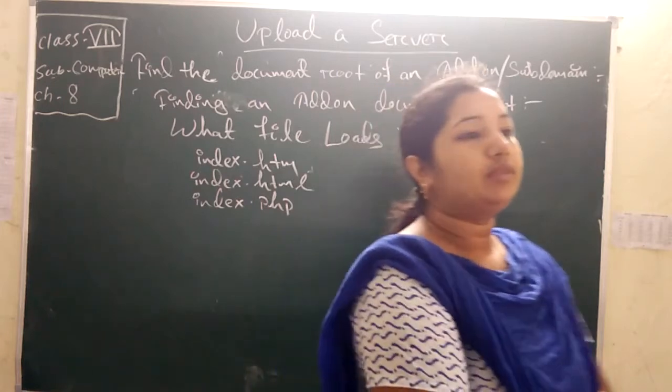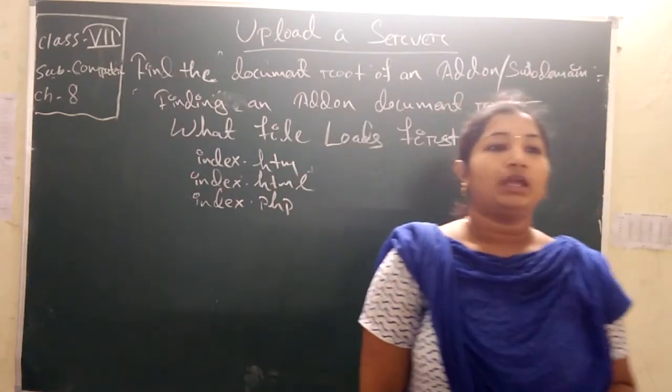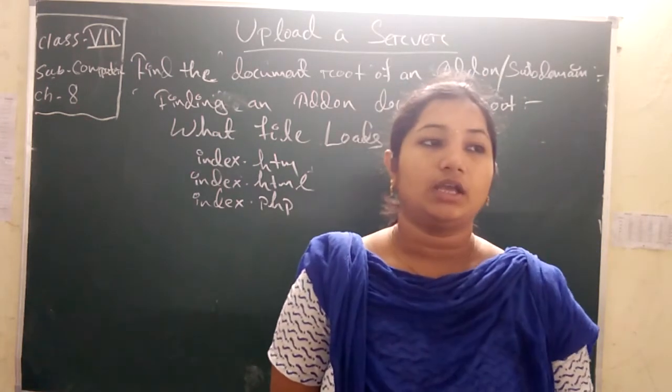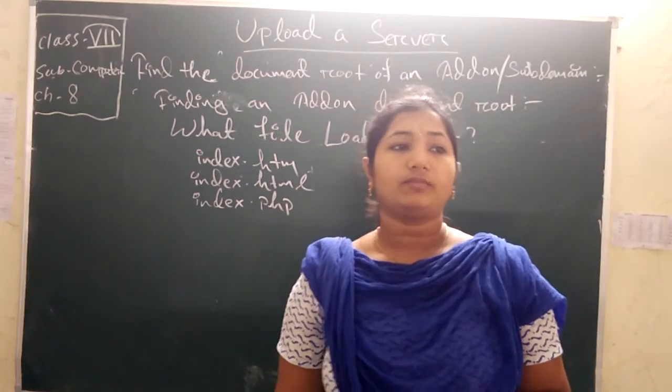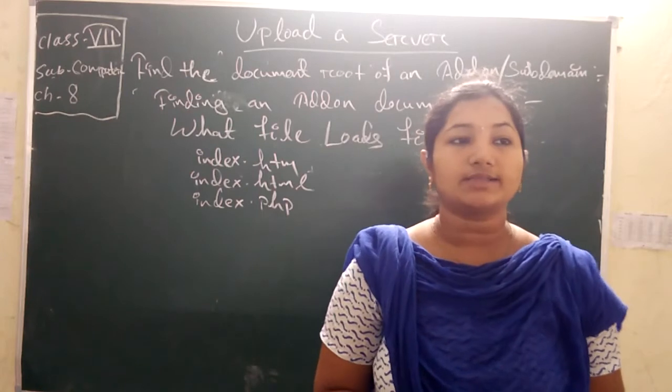If the server does not find any of these files, it will display a default screen with a list of files in the folder. This can be a security risk.